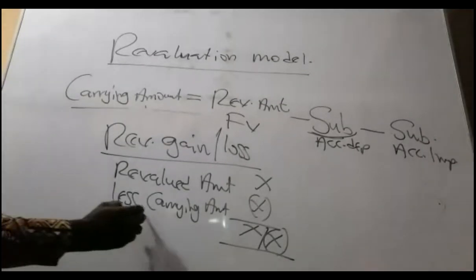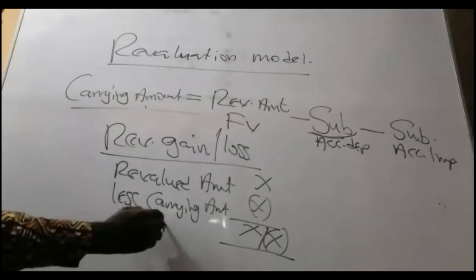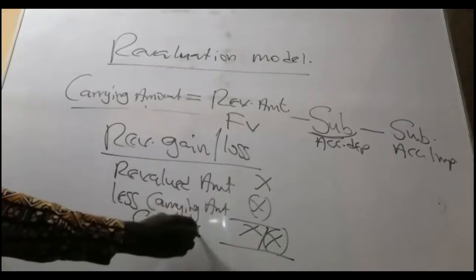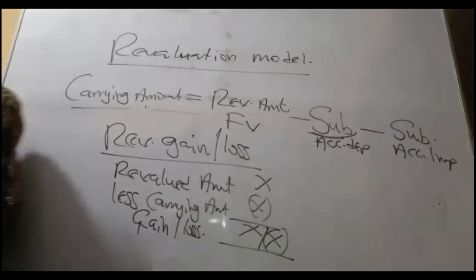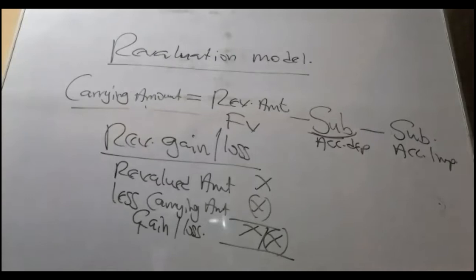Good. So this will be the revaluation gain or loss. How do you treat a revaluation gain? How do you treat a revaluation loss? We said that gains must be reported in OCI, with exception. So today let's look at some illustrations.